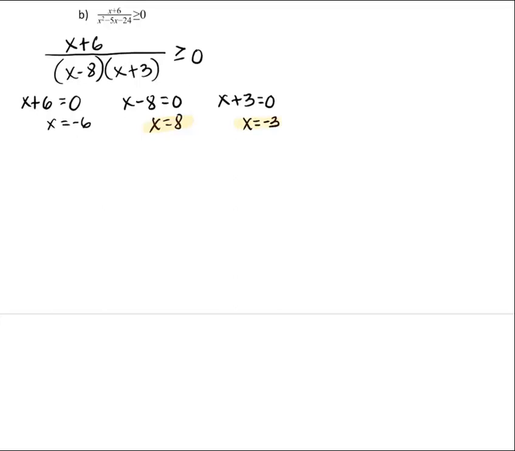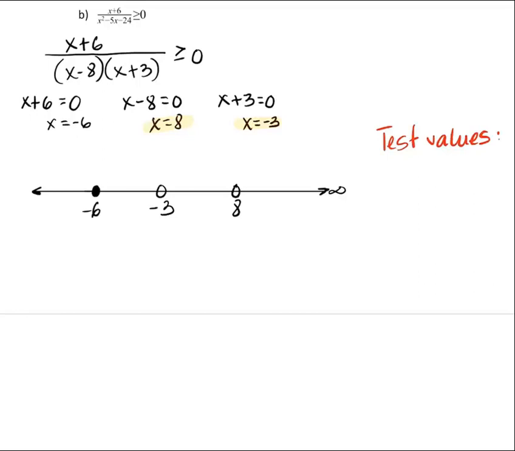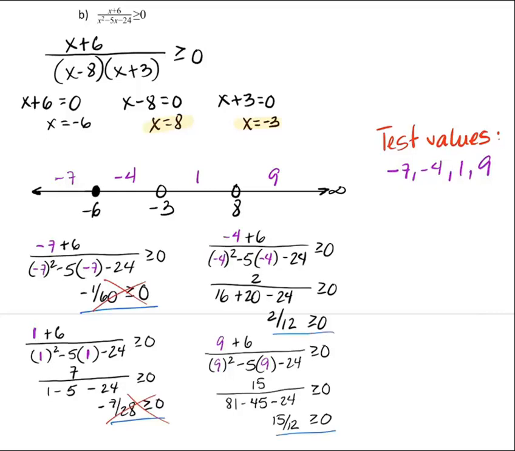Now we will test for these 3 values and divide the line into 4 intervals. Our test values will be -7, -4, 1, and 9. Plug each of these values into the polynomial and determine the sign of the polynomial at that point.